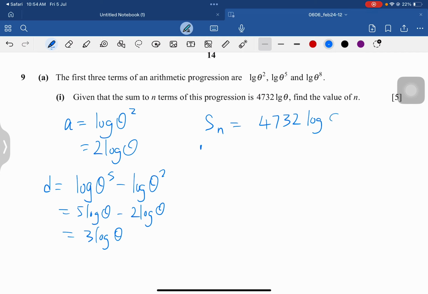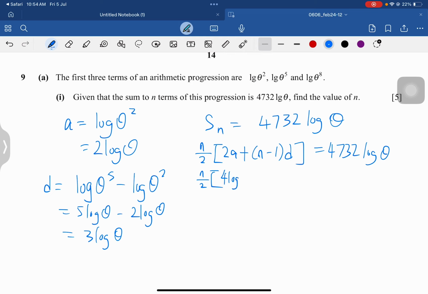Okay, Sn formula, I just write the formula down first. n over 2 bracket 2a plus n minus 1 d equals 4732 log theta. Sub in n over 2, a is 2 log theta, 2 log theta times 2 is 4 log theta, n minus 1 with a bracket, and d is 3 log theta, equals 4732 log theta.